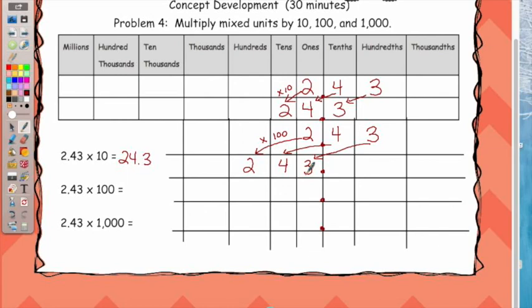So what do I get for my answer on this one? Just say it, guys. What's the number? 243. And you don't have to say and, do you? Just 243. Okay? Let's go back and do one more.